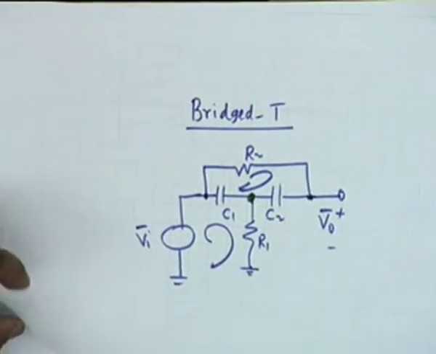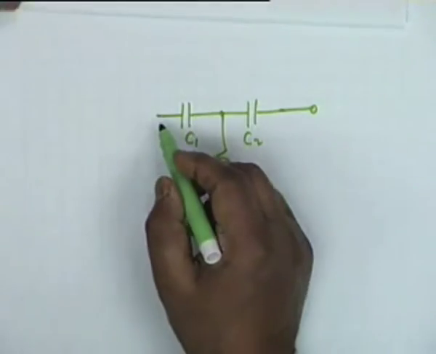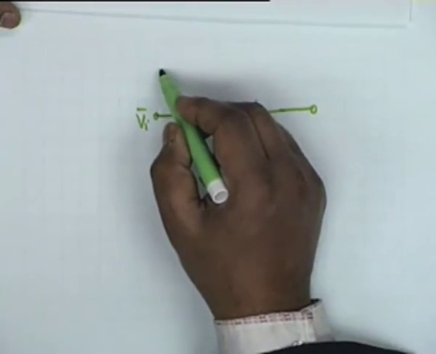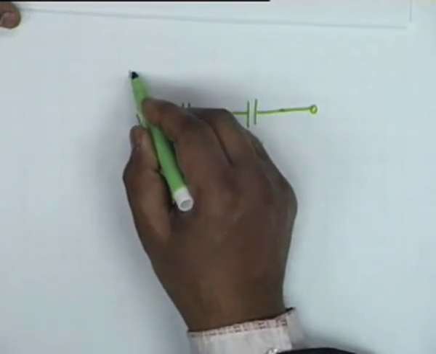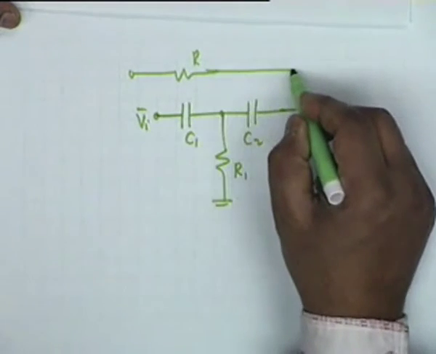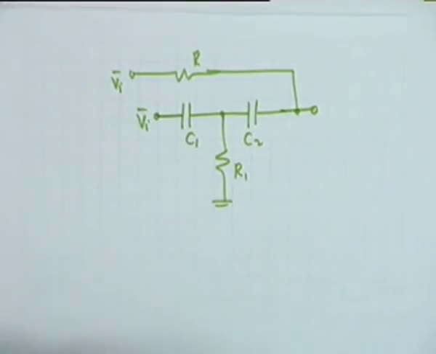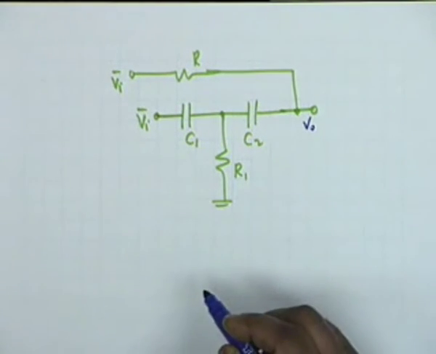It should not. Let's see what it gives. This is Vi, and in the other branch you have a resistance R, and this voltage is also Vi. I have separated the 2 input branches, alright. And this is V0.